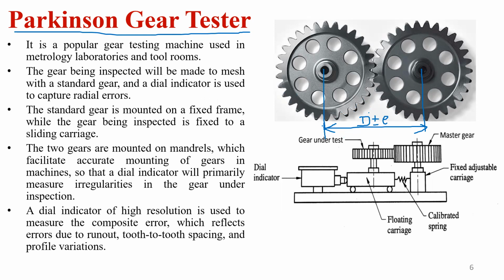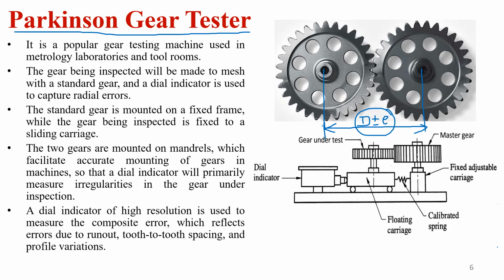This occurs while manufacturing the gears, when errors take place in the tooth profiles or in the pitch circle diameter. That causes the variation in the center distance, maybe more than or less than the specified dimension. So for that purpose, we use the Parkinson gear tester.